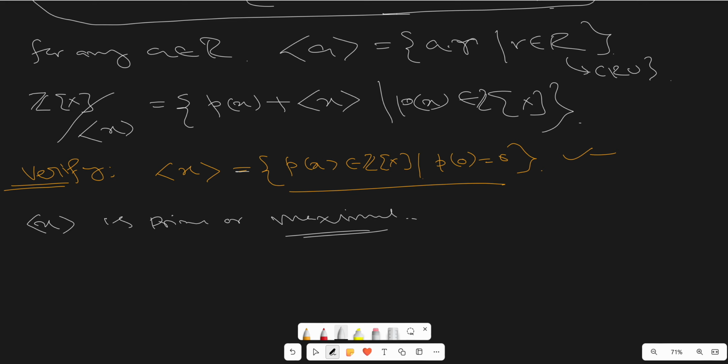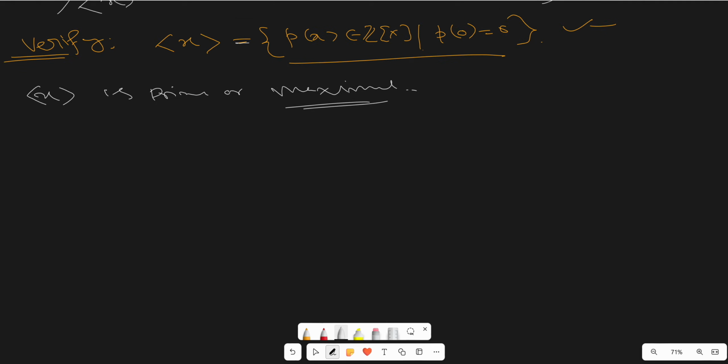What is the definition of prime and what is the definition of maximal? I recalled the definitions of prime and maximal just a few minutes earlier. Now you have to check whether the ideal generated by x is a prime ideal, a maximal ideal, or both. What do you expect? Let's check for prime.